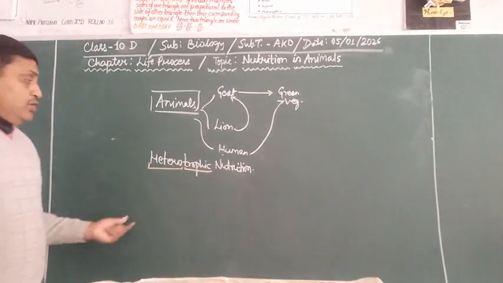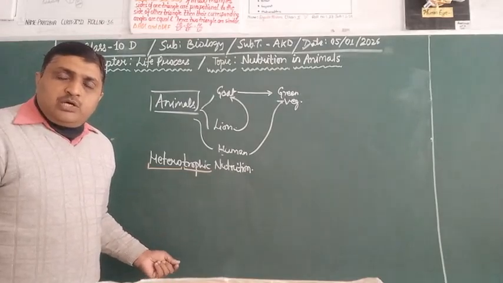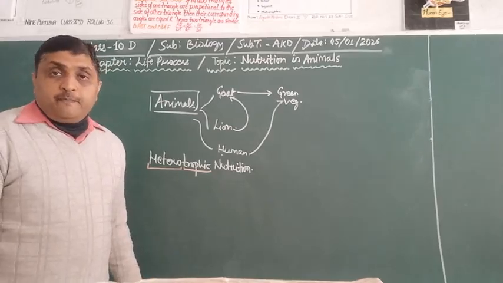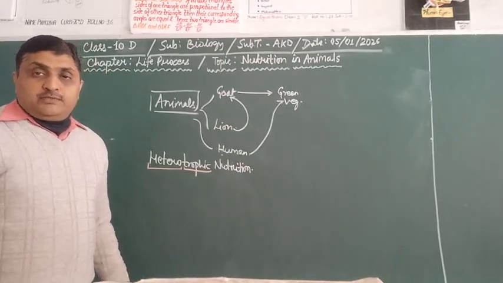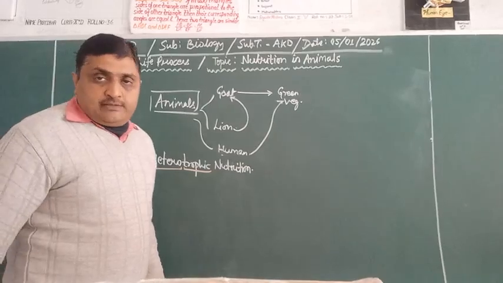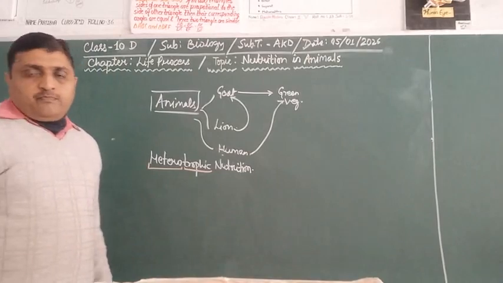Heterotrophic nutrition means the organism derives its food material from another, different organism, not from the green plants. They depend on another one for their food material. Such organisms are known as heterotrophic organisms.